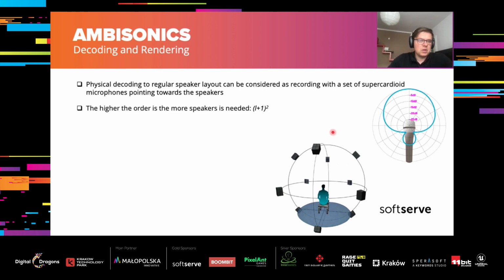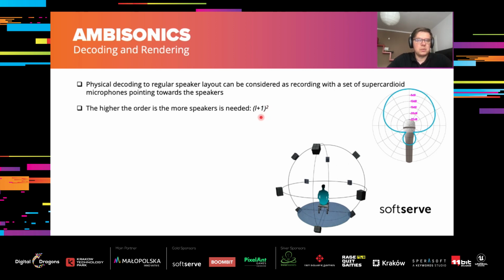What is needed to know here is that the higher the order of ambisonics, the more speakers are needed in order to properly reproduce our sound field. And this can be easily estimated by using a simple equation depicted here.